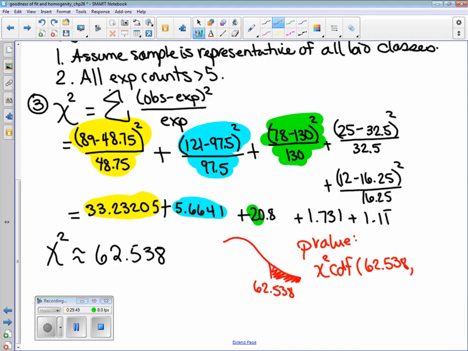Of my shaded region, what's the upper bound? Some big old number off to the right. We're going to call it E99, which just means 1 times 10 to the 99th power. And then what was my degree of freedom? 4. The number of categories minus 1. So go ahead and type that in. Tell me what kind of p-value we get.